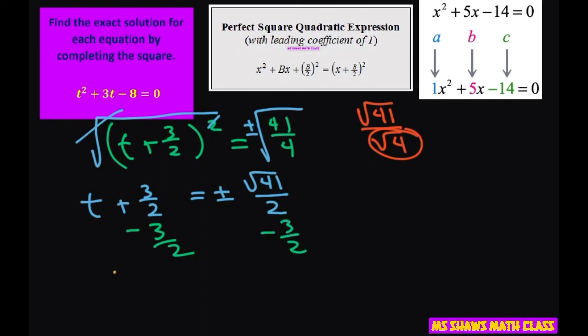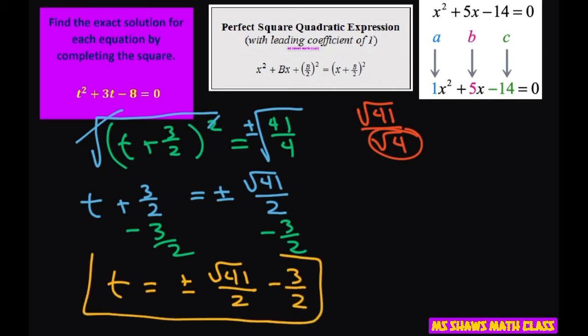This gives you t equals plus or minus square root of 41 divided by 2 minus 3/2. And that's an acceptable way to write your answer.